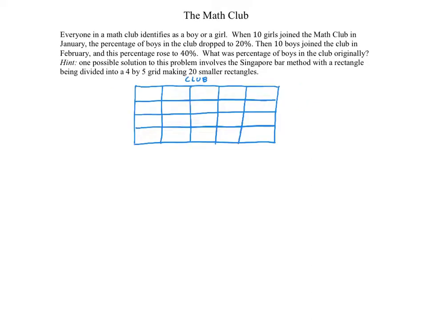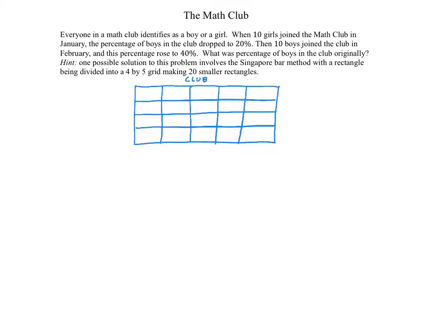Okay, so here's my grid. It represents the club with some parts boys and some parts girls. Notice that we've divided by 1, 2, 3, 4, 5, and 1, 2, 3, 4. There's our 4x5 grid. Now, I'm going to start this problem working from the last number they gave us, which was 40%.